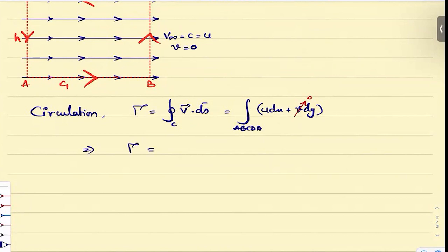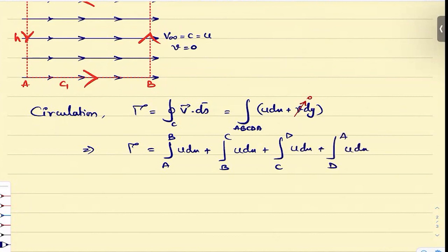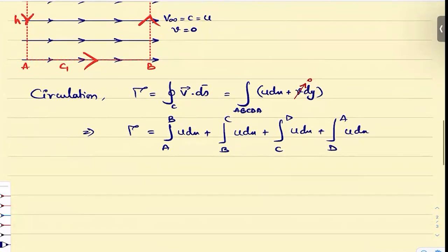So you can write gamma equals to, first A to B u dx, then B to C u dx plus C to D u dx plus D to A u dx. Okay.